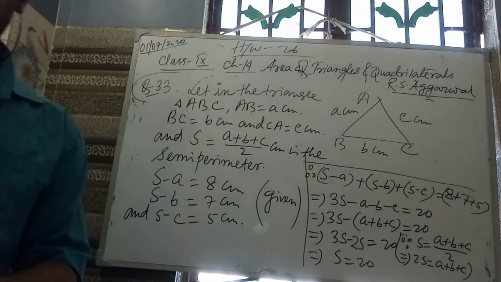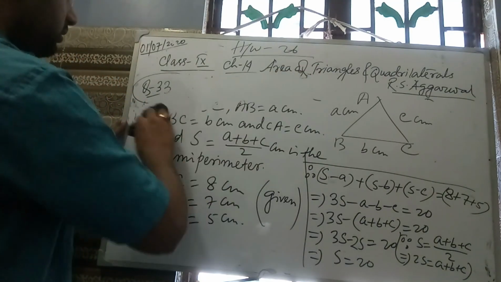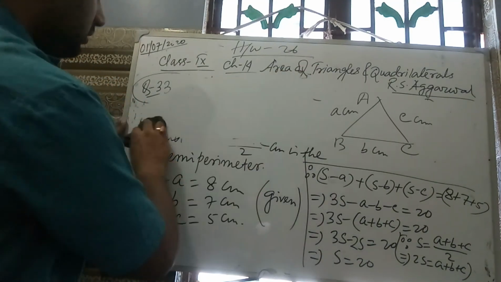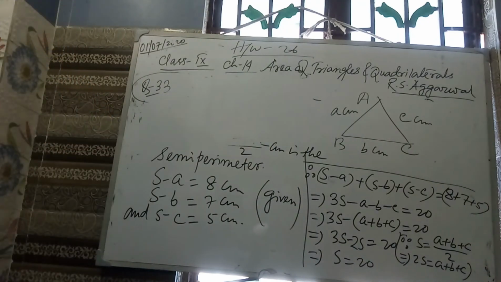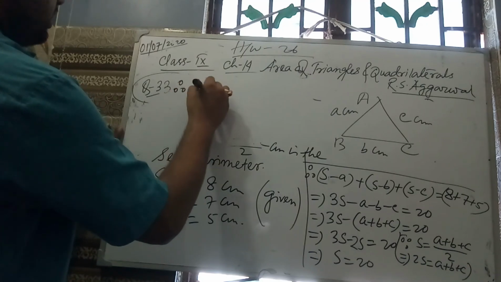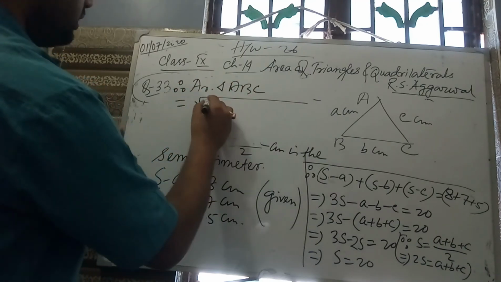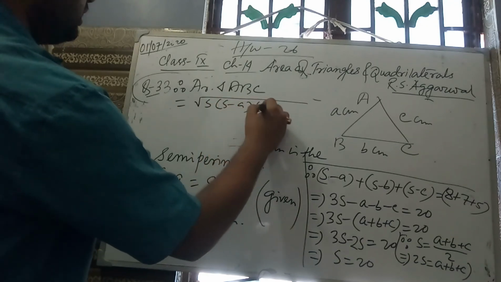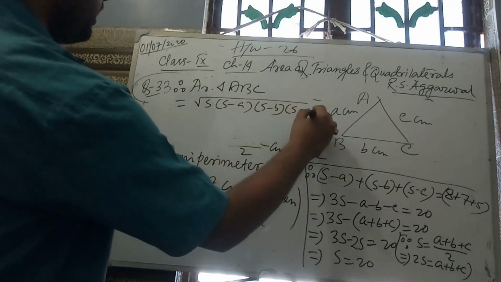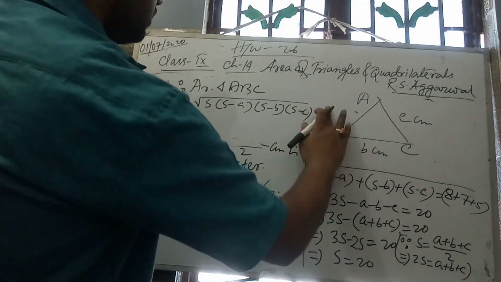So last part, what will you write? Therefore area of the triangle ABC equal to root over s into s minus a into s minus b into s minus c square unit.